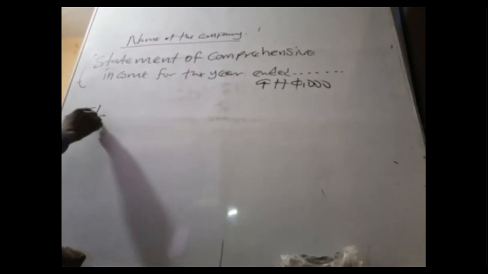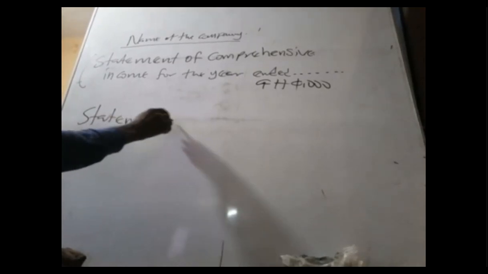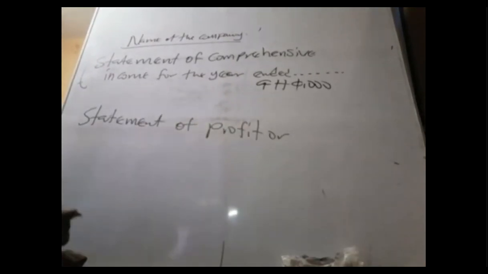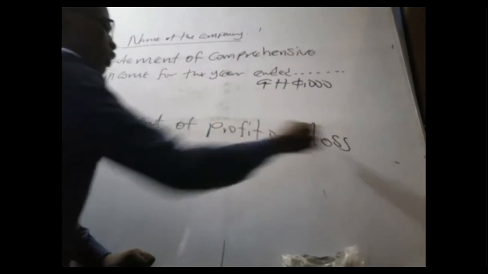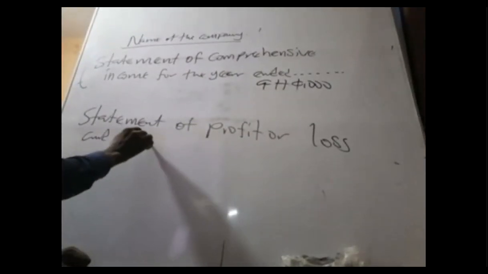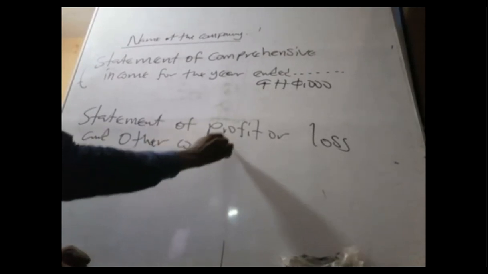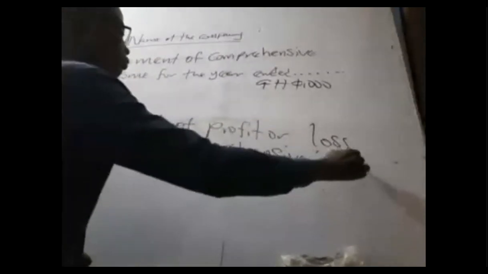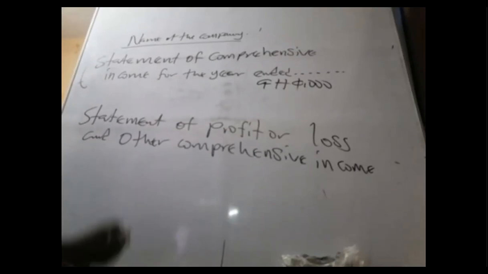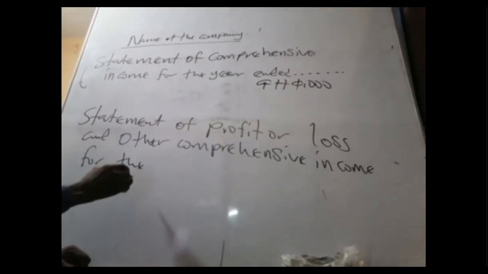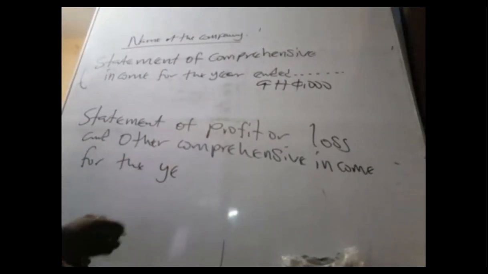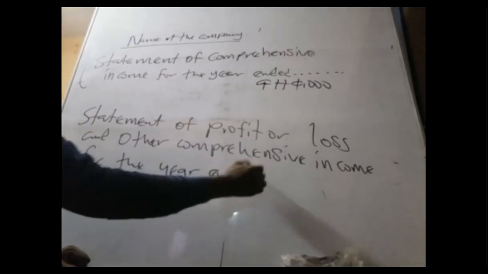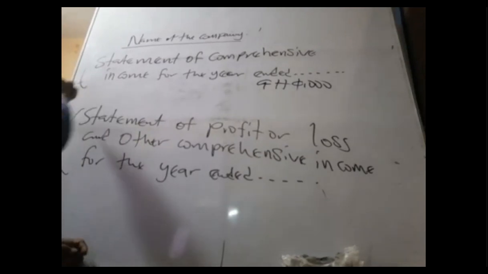We call it the statement of profit or loss and other comprehensive income for the year ended, or year ending, then the date continued. So either this or this.